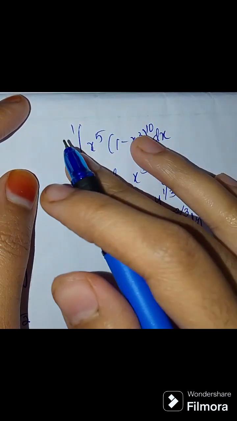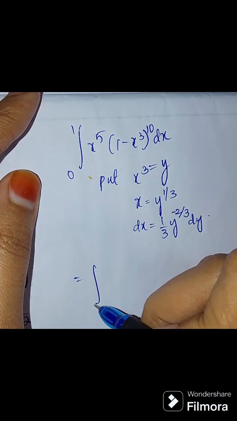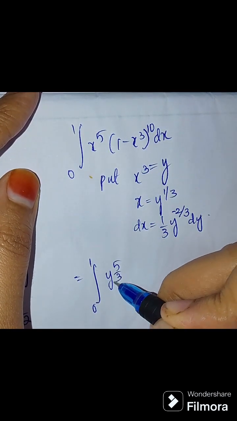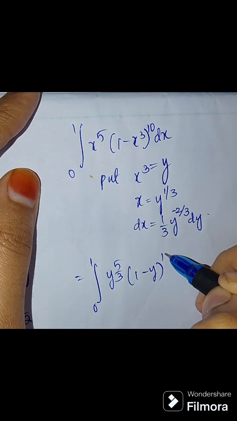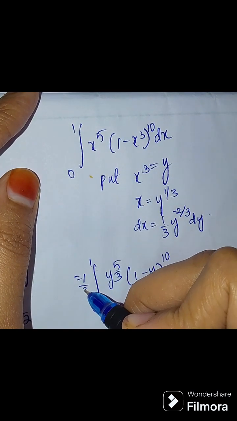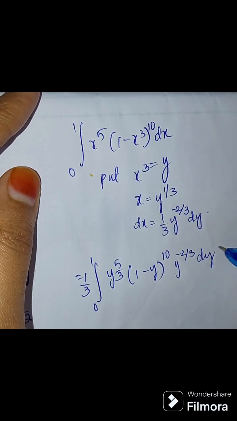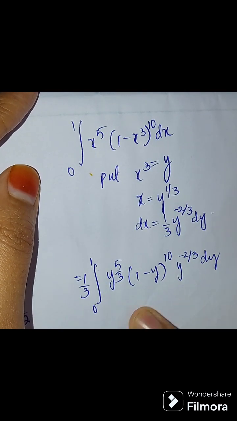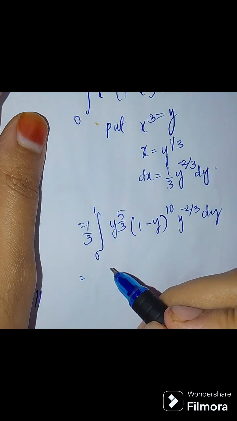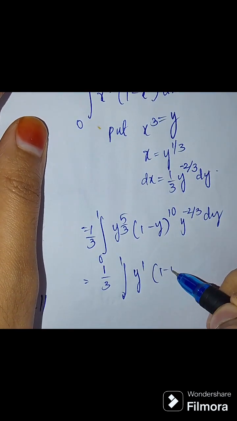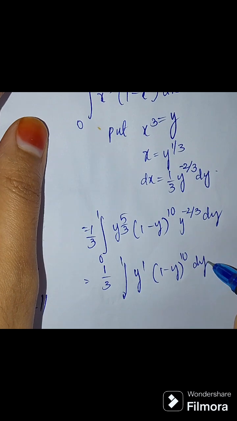So now I'll write it as integral 0 to 1, y power 5 by 3, 1 minus y power 10, 1 by 3 outside, y power minus 2 by 3 dy. 5 by 3 minus 2 by 3 is 1, so 1 by 3 y power 1, 1 minus y power 10 dy.